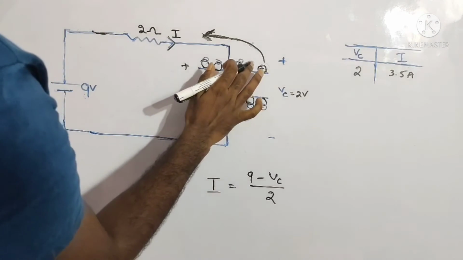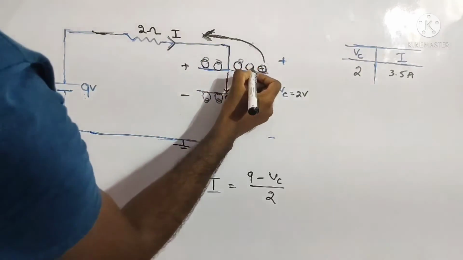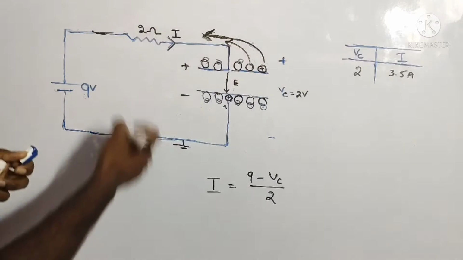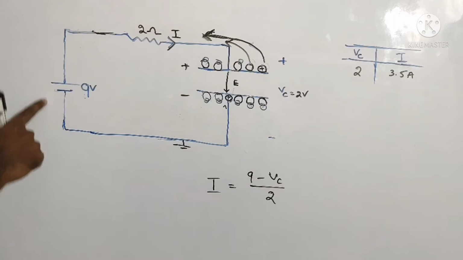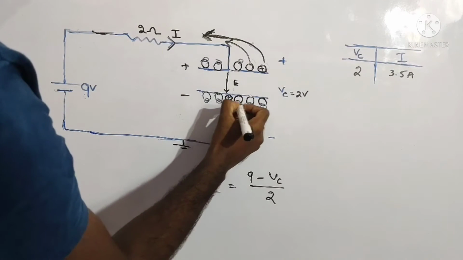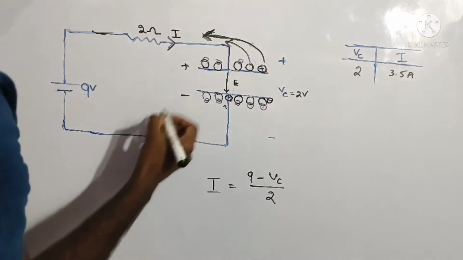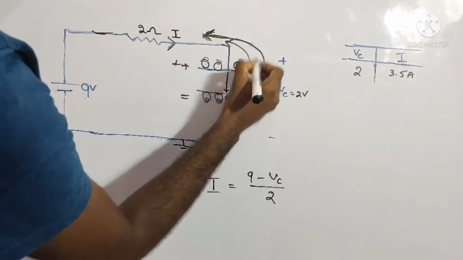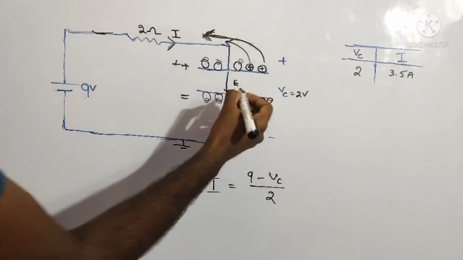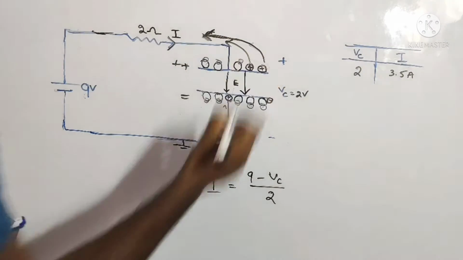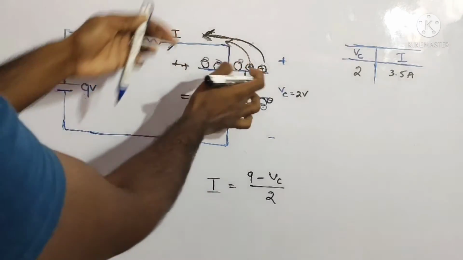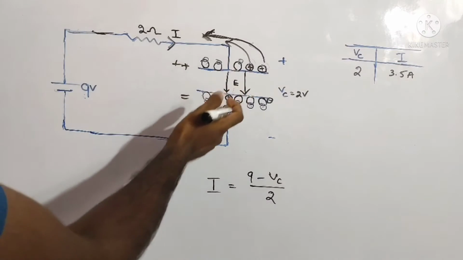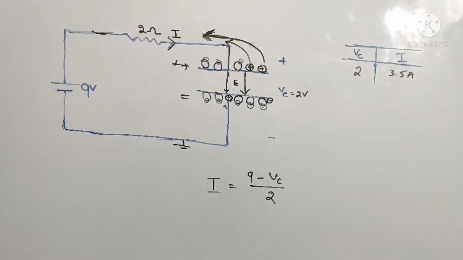Now I'm going to take another atom, so I'm going to take another electron. It comes here, and as usual it is picked up by this and accumulated in this plate. As a result there will be more negative charge, and here it will become a positive ion. So the electric field also changes, because the charge imbalance changes. Look at this.